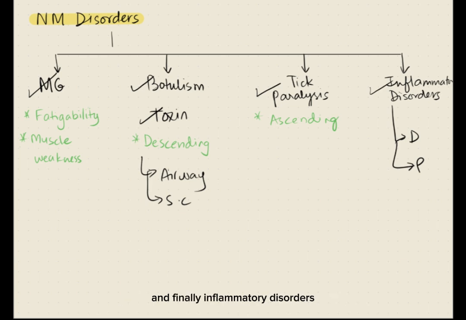And finally, inflammatory disorders. So we're basically talking about dermatomyositis and polymyositis, both of which are proximal muscle weakness disorders. Dermatomyositis has an additional finding of skin manifestations. One of the most common manifestations we see is a heliotrope rash.